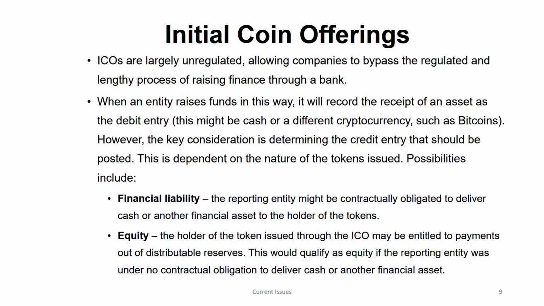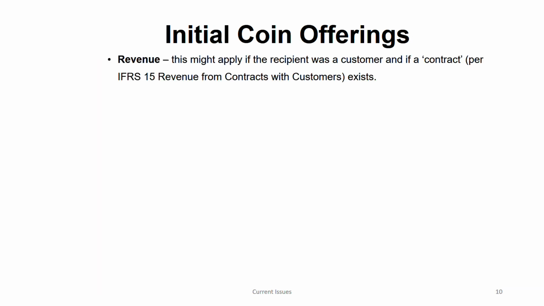In this case you don't have an obligation to deliver cash, but the holder may be entitled to payments out of the distributable reserves. This could also come when it does not have any contractual obligation to deliver cash. So if it's not a financial liability, by default it's equity because you don't have an obligation to deliver cash. Or it could also be revenue.